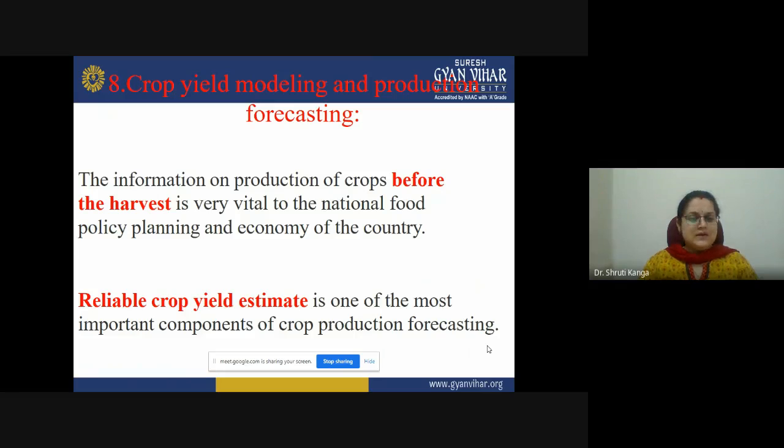So this is really helpful in maintaining the price of crops, because if there is a lack of a particular crop, we can ask for imports in advance.